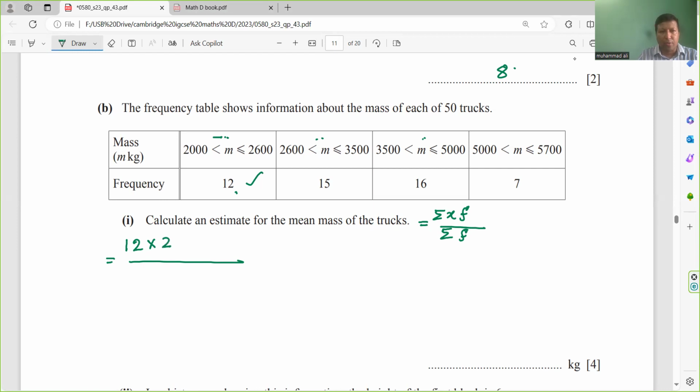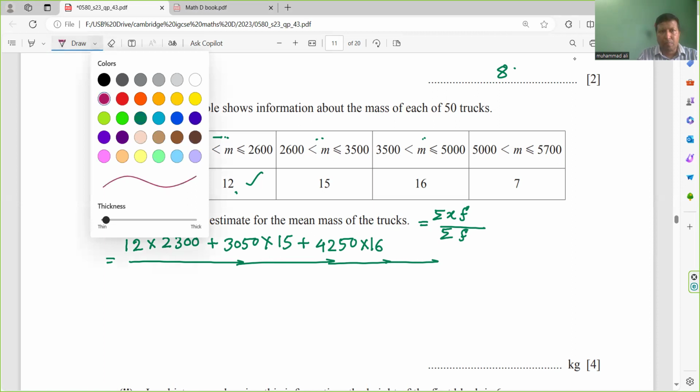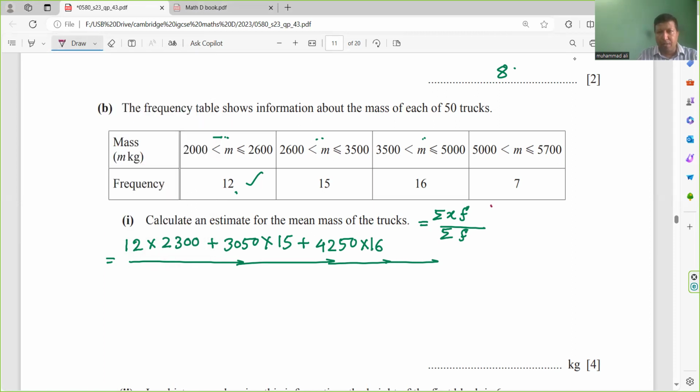We get 2300, plus like this 2600 plus 3500 divided by 2, it will be 3050 multiply 15, plus same thing, 4250 multiply 16, plus 5350 multiply 7, divided by total frequency. Total frequency is 50.